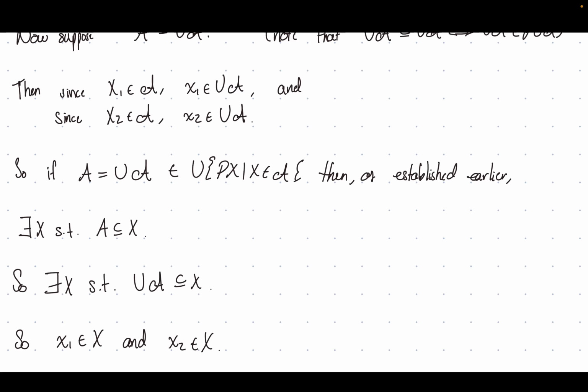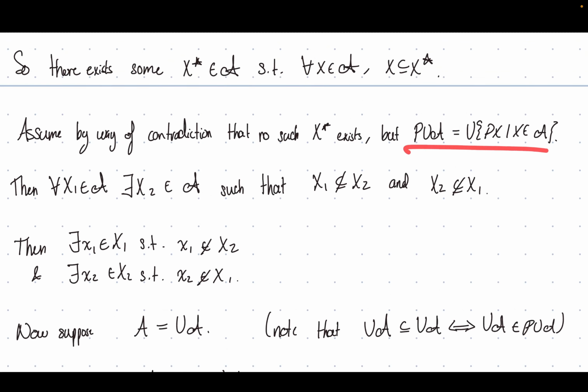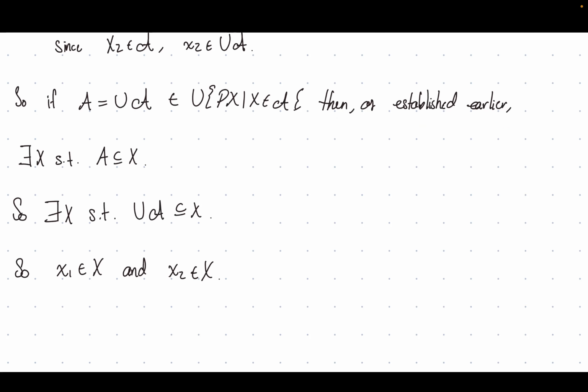So now, if these two sets are equal, then the union of A is in this set. Then, as we had established earlier, there exists some X such that the union of script A is a subset of X.